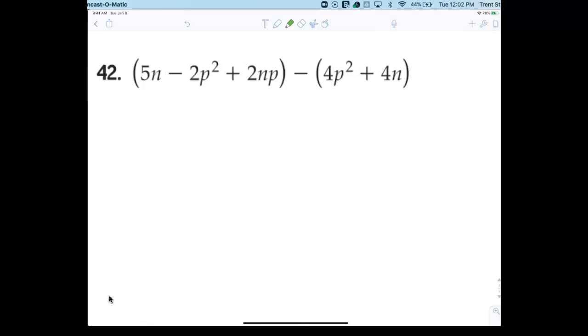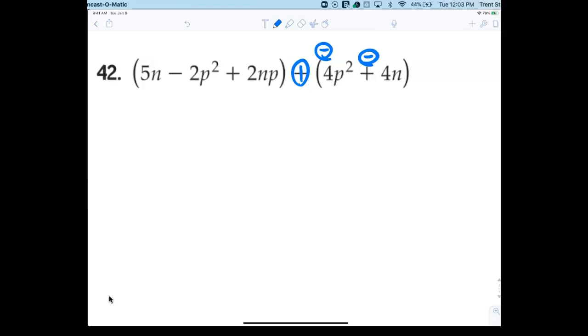42. Distribute the negative. So it becomes negative 4p squared. Good. Negative 4n. All right, let's go. And then it would be negative 1 just n.